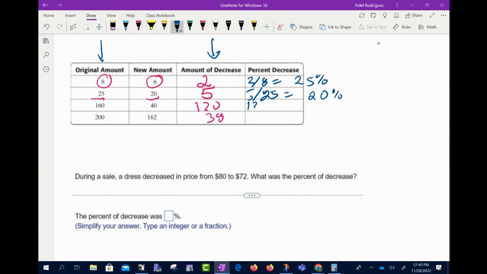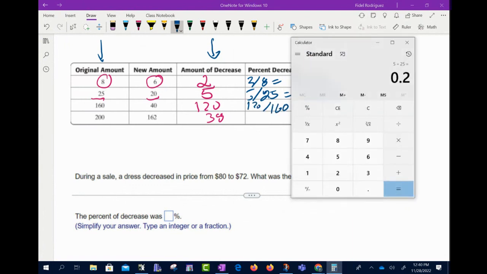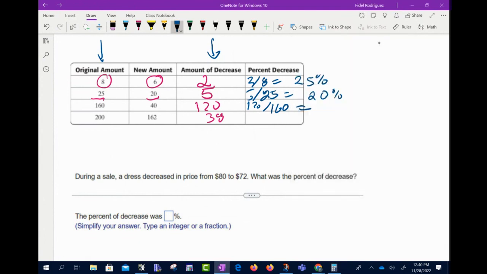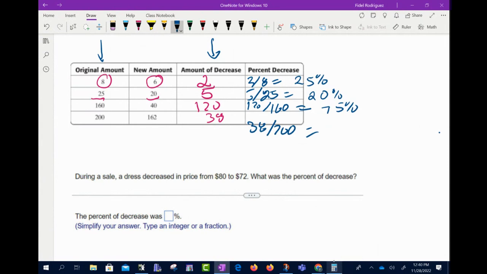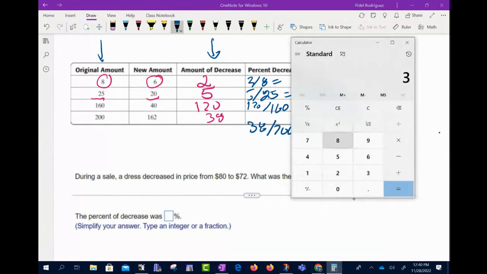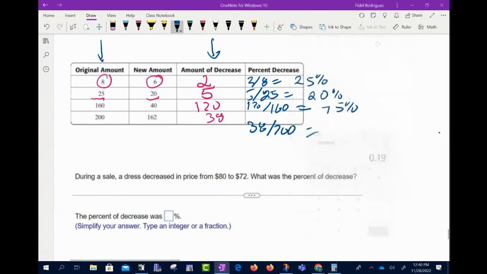Okay. 120 over 160. 120 divided by 160, 0.75 or 75%. Okay. And then 38 over 200. 38 divided by 200, 19%.